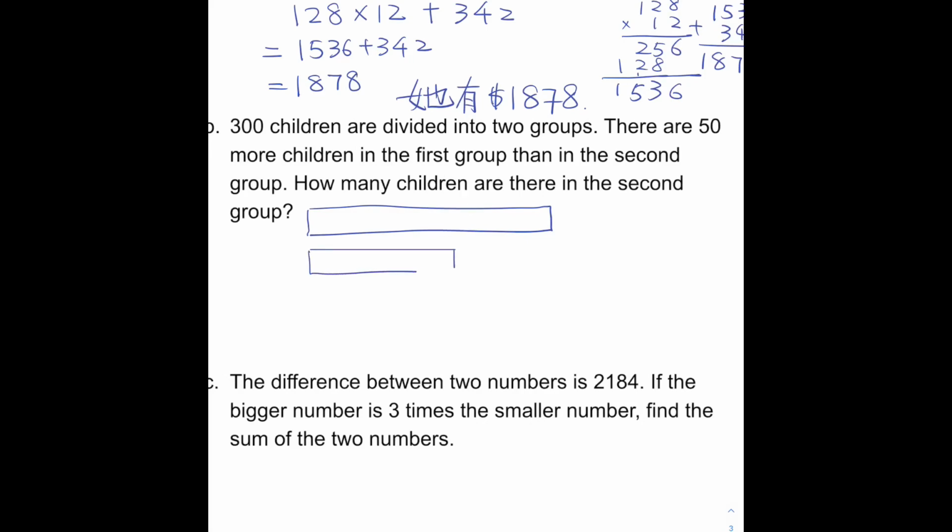The first group total is 300, first group and second group.